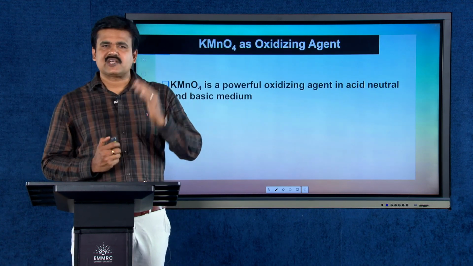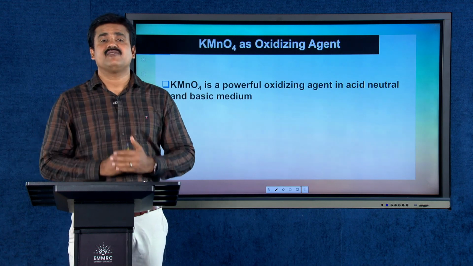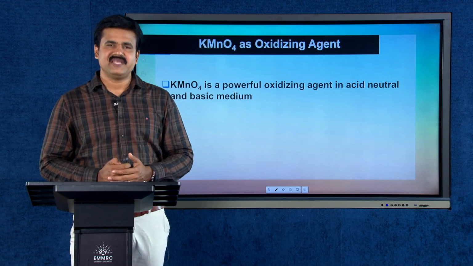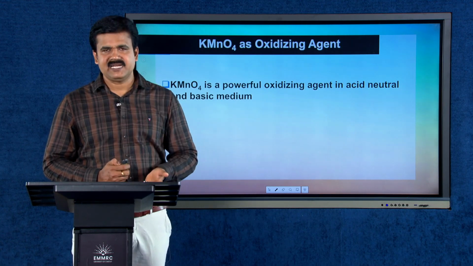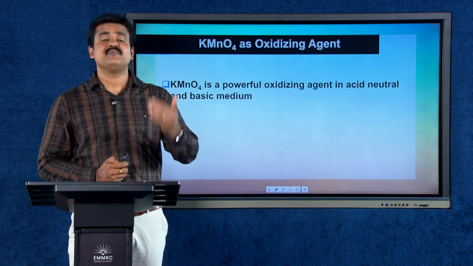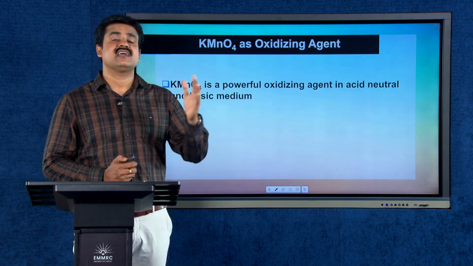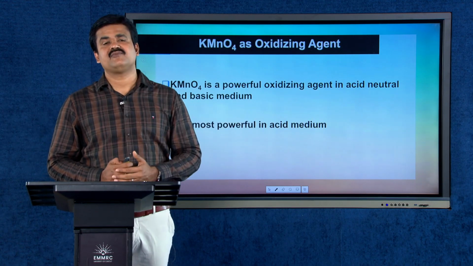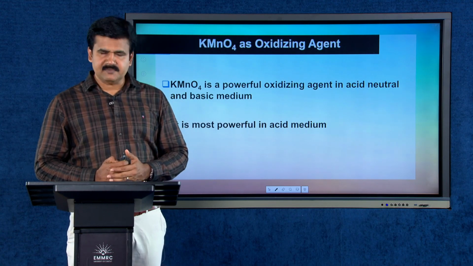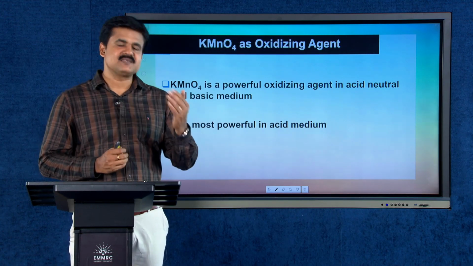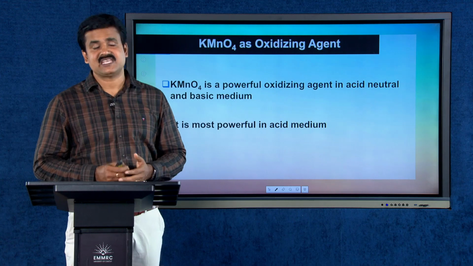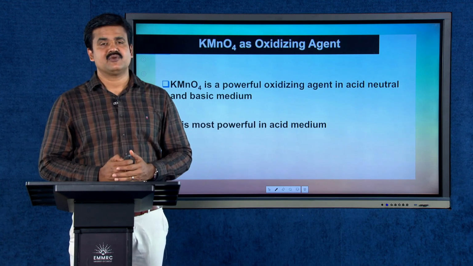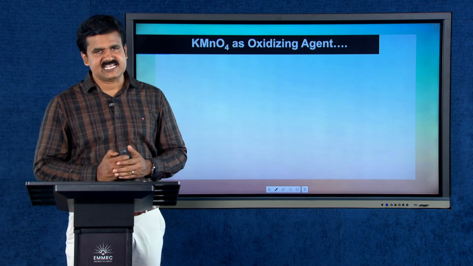Now, potassium permanganate is a very powerful oxidizing agent in acid, neutral as well as in basic medium. So, in acid medium, in neutral medium as well as in basic medium, potassium permanganate can act as a powerful oxidizing agent. It is most powerful in acid medium. That means when you are mixing some potassium permanganate with acids like sulfuric acid, then you will get acidified KMnO4. Acidified KMnO4 is a very powerful oxidizing agent.